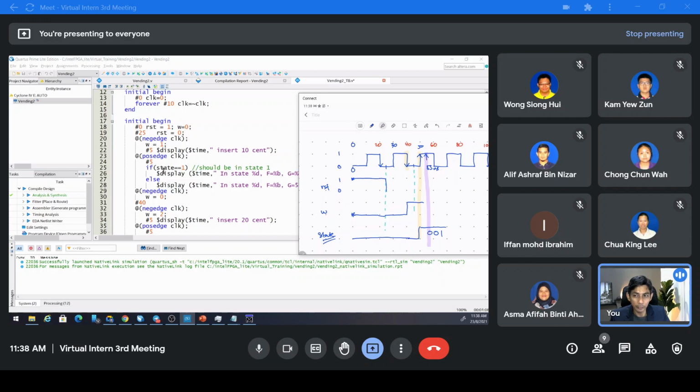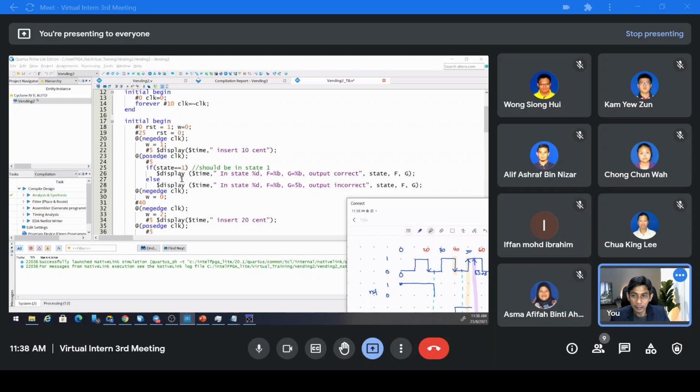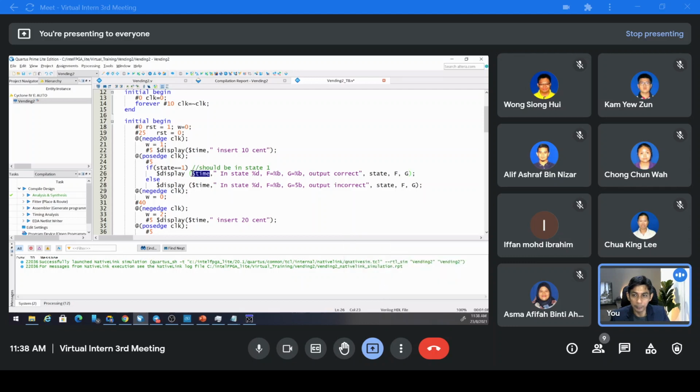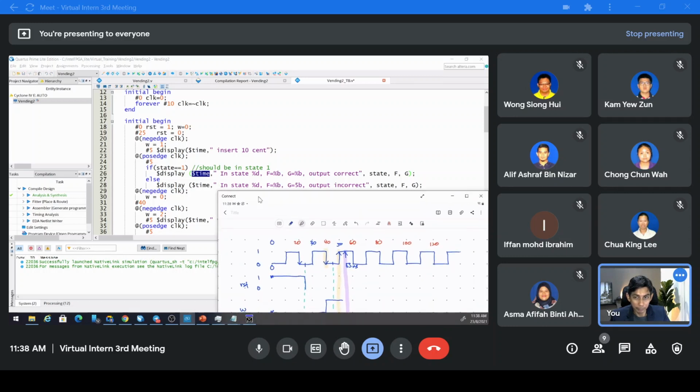All right, so if state equals 1, we just display this. And if you want to see the time, you can have this one, or if you don't want to see the time, you just remove this one, no problem. But for verification purposes, it is better to have this.